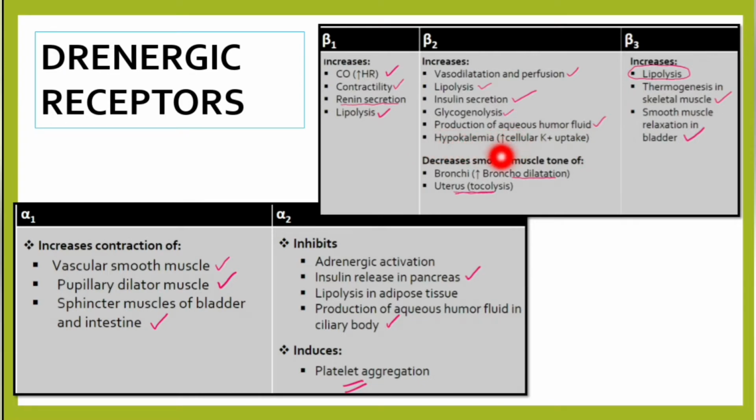It increases the uptake of potassium into the cell, leaving the blood with low potassium. It also decreases smooth muscle tone of bronchi, causing bronchodilation, and in uterus, tocolysis.